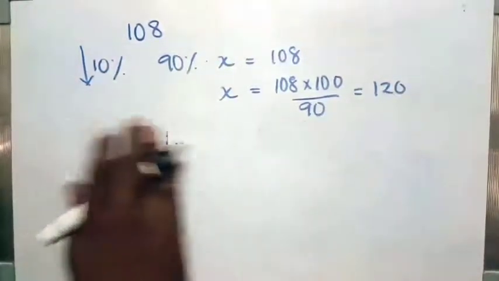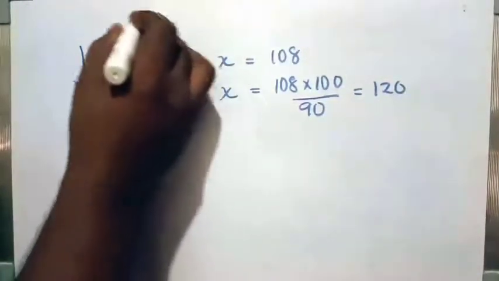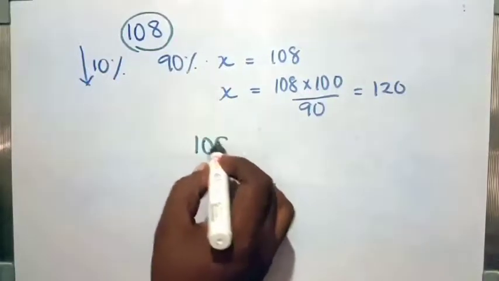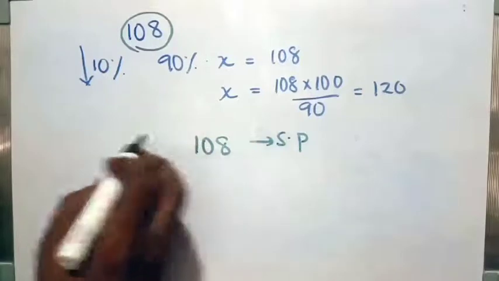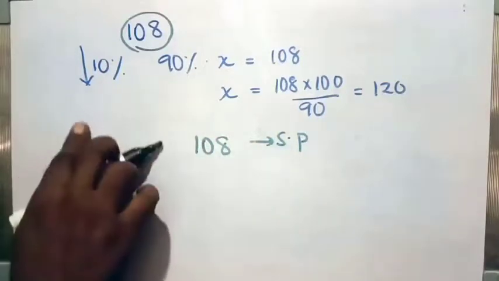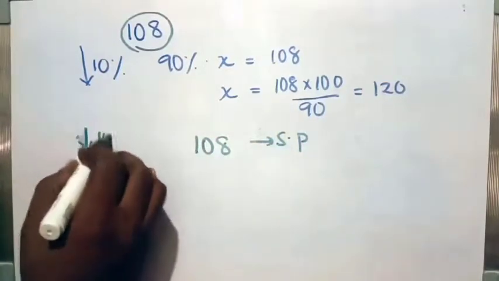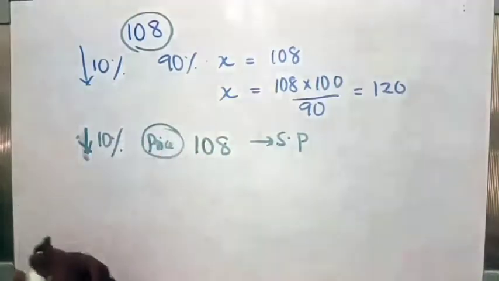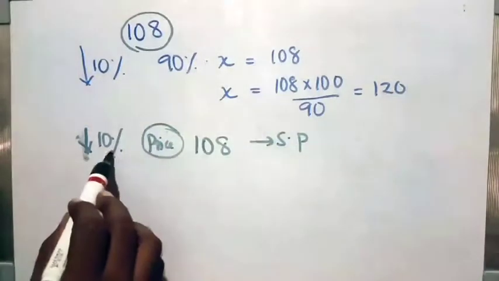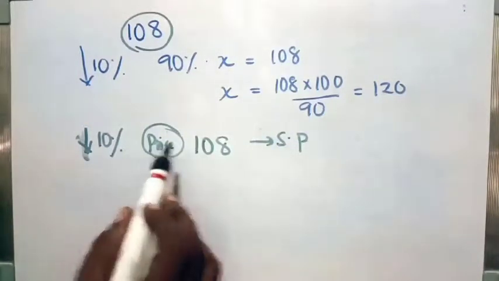Here, the price 108 is the selling price. Yes, this selling price is formed by a decrease of 10% from some price. We do not know what this price is. We reduced 10% from a price, so that we got 108.